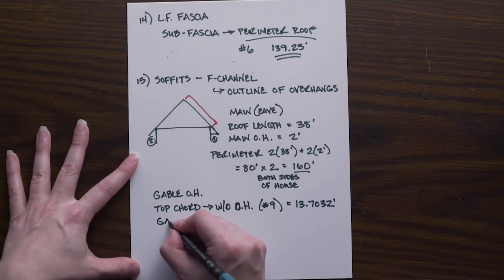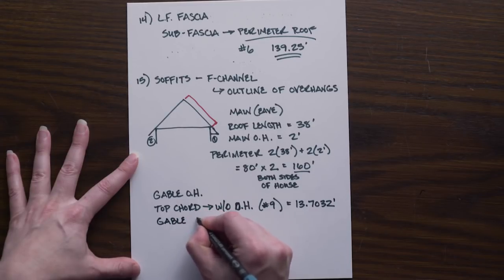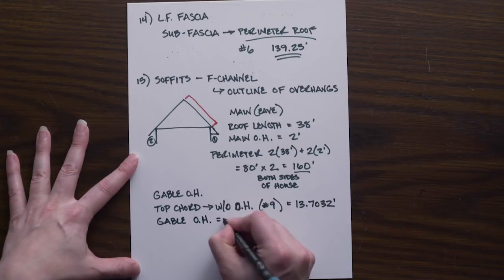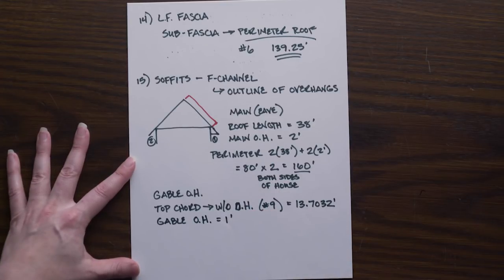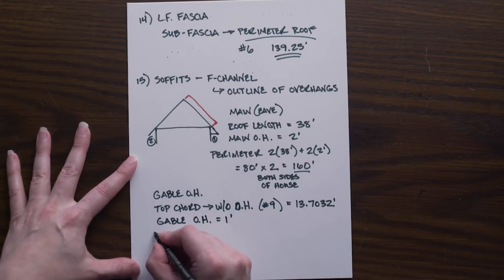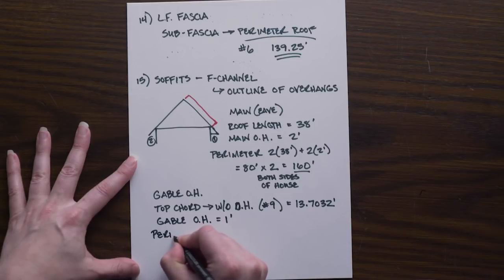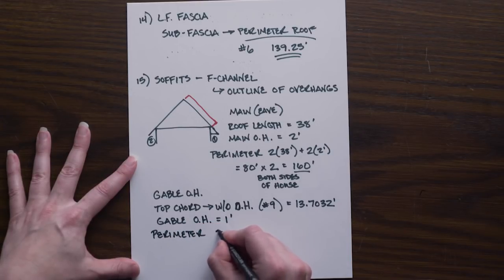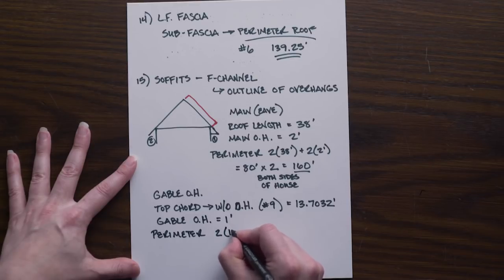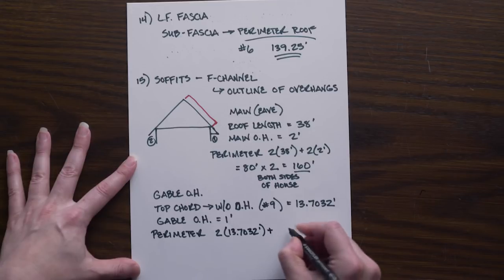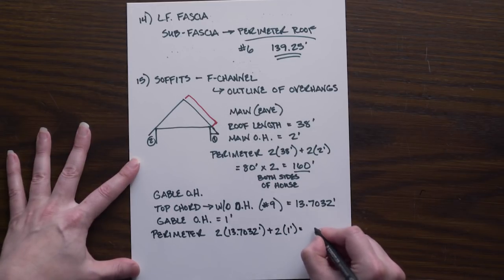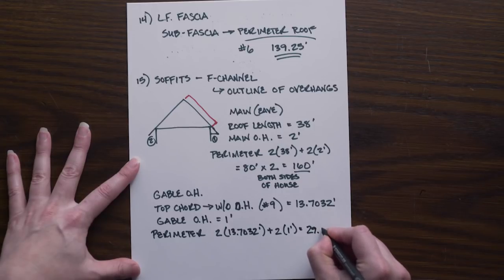And then we also need to know what our gable overhang is. Per our plans and specs, that is 1 foot. So again, it's another perimeter calc. It is 2 times 13.7032 feet plus 2 times the 1 foot, and we get 29.4064.